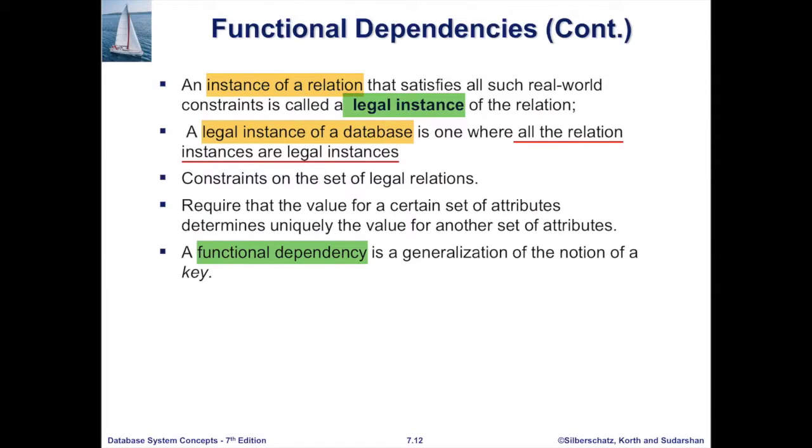Okay? So, yung functional dependencies are constraints on the set of legal relations. And it requires that the value for certain set of attributes determines uniquely the value of another set of attributes. So, later on, mas magigets natin yung sinasabi niya dito.